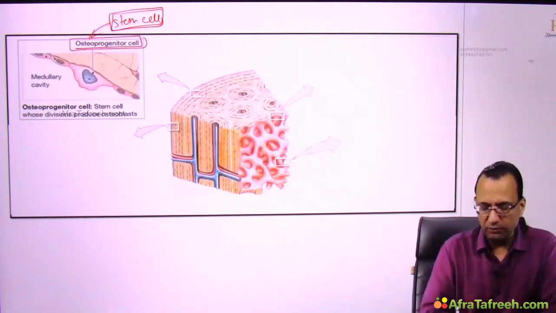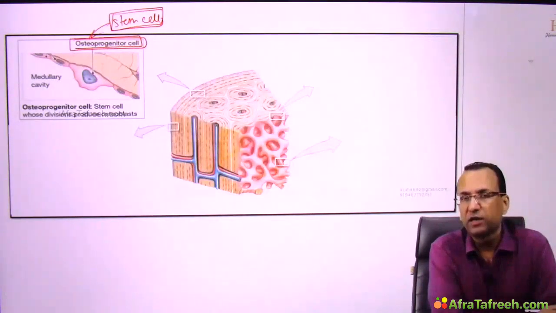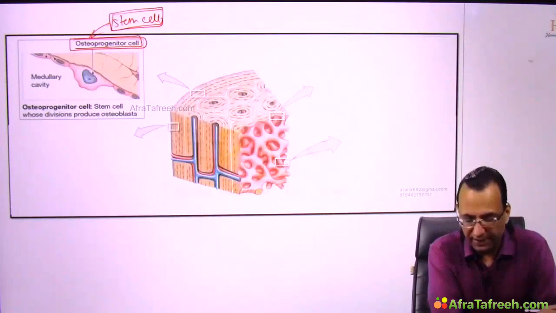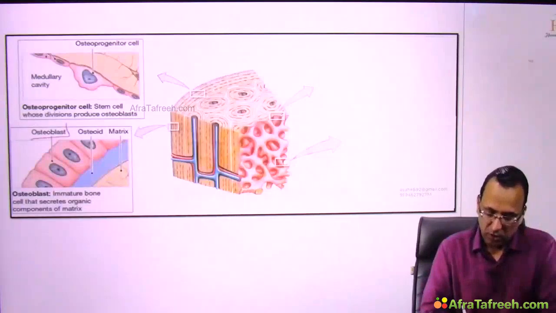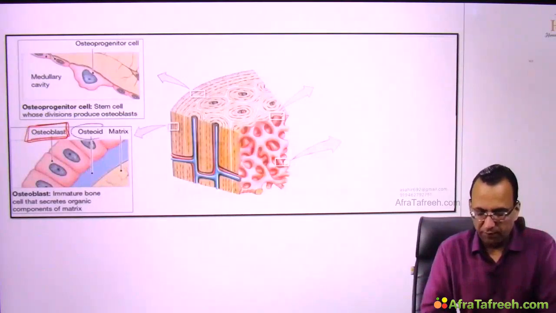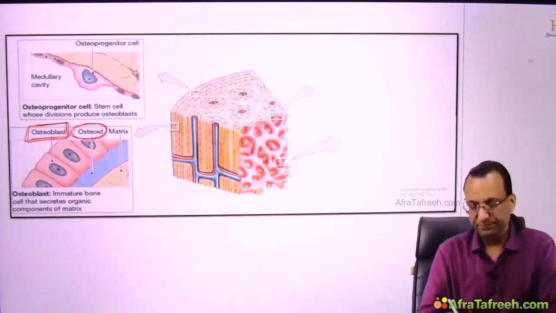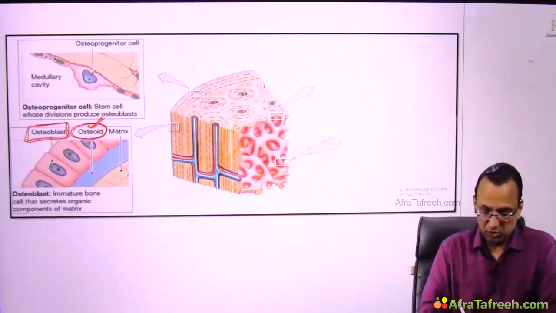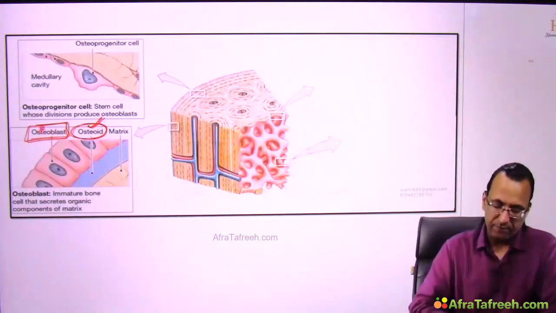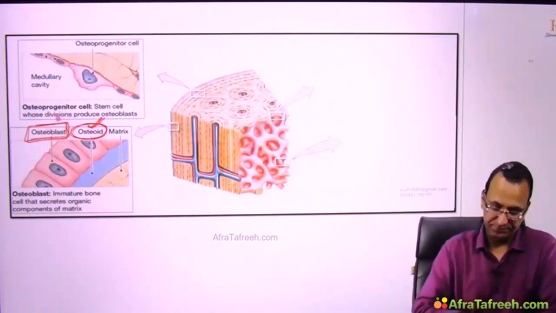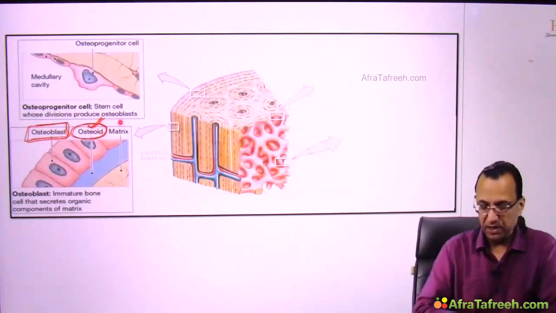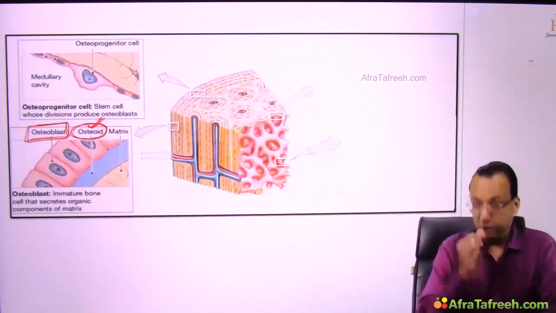It is the one which is going to give us the next cell, which is called osteoblast. When you're talking about osteoblast, it is important to form the osteoid of the bone. So osteoblast is derived from the osteoprogenitor cell, and it is involved in bone formation, forming osteoid, osteogenesis.